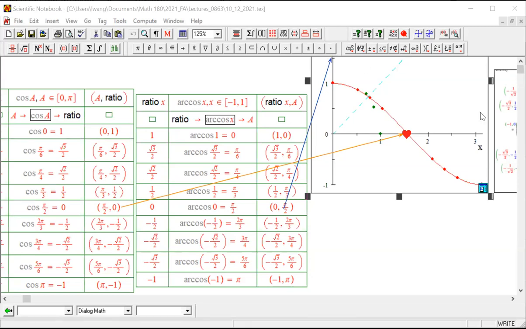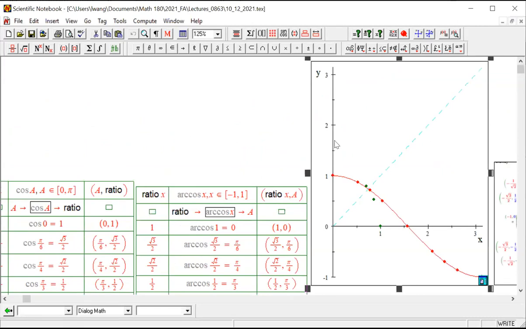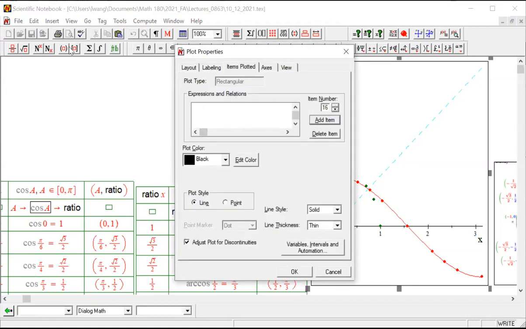All right. So now with that understanding, you anticipate there's a point, a green dot, which is 0 comma pi over 2. You should have some anticipation as to where it should be. It should be a green dot because it's on the green.